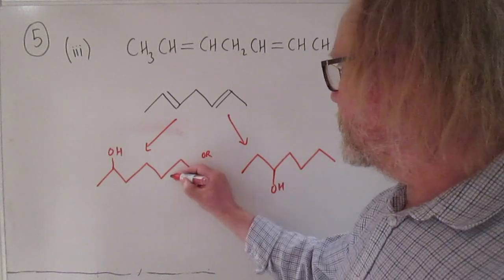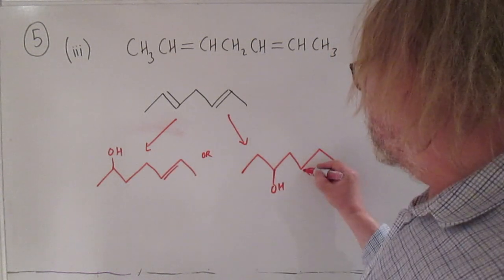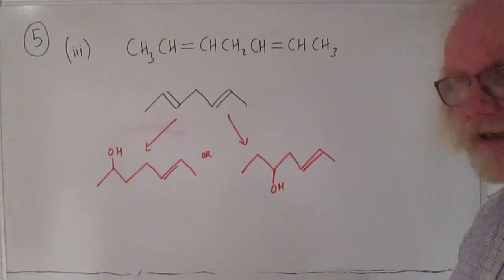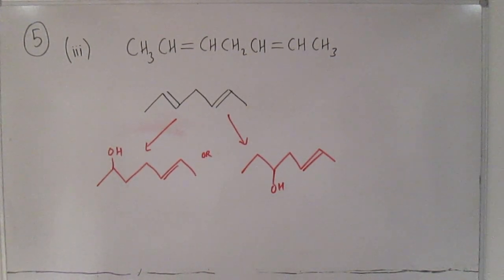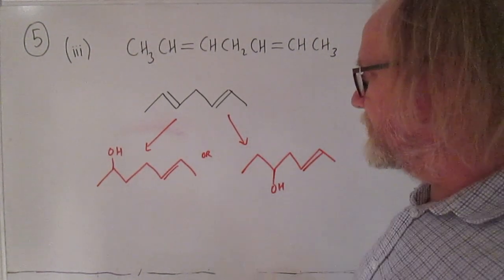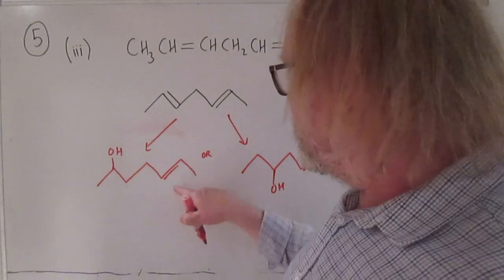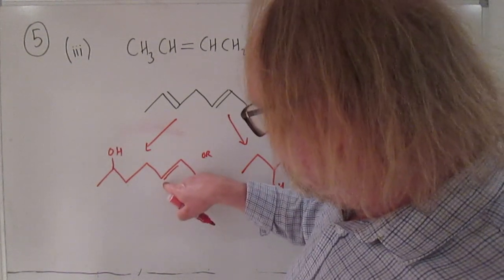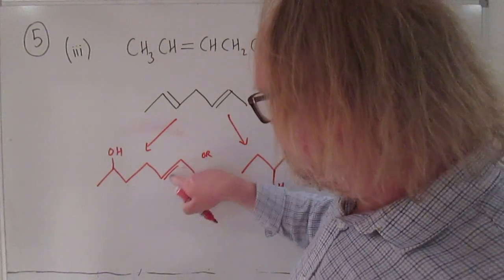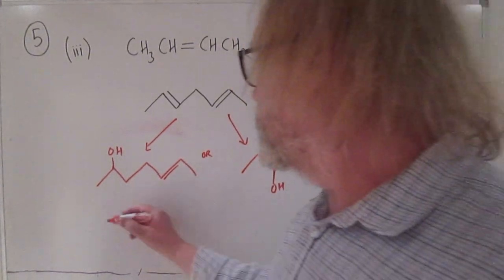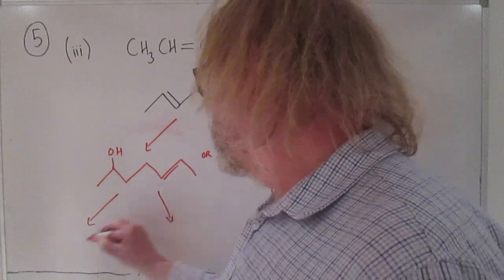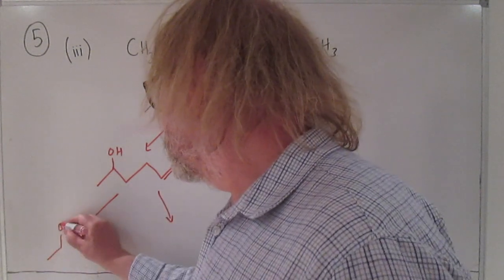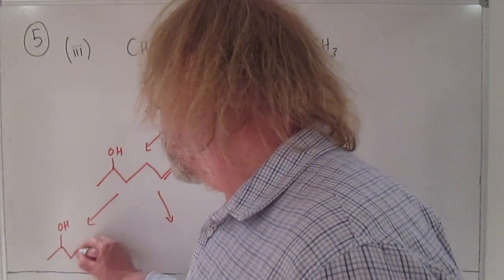Okay, and that double bond has yet to come into play. So once that's reacted, we can then get this one to react as well. And again, we've got two possibilities, because here you can add hydrogen to this end and OH to that end, or you could do it the other way round. So that could give you this compound.